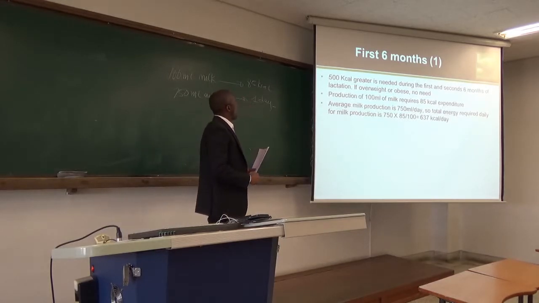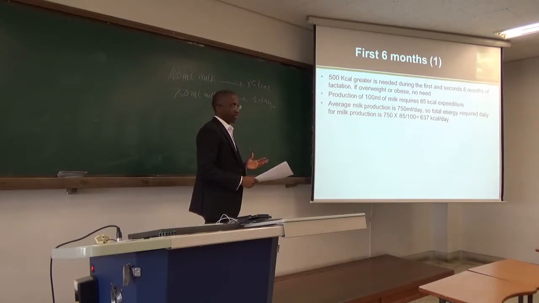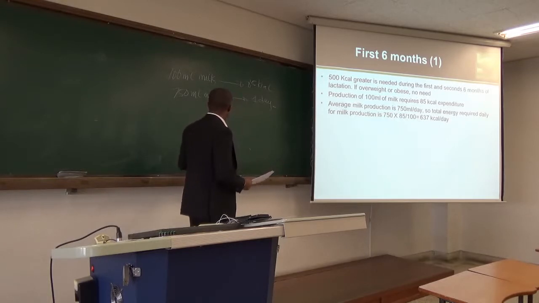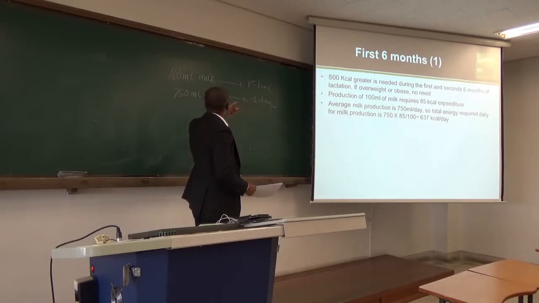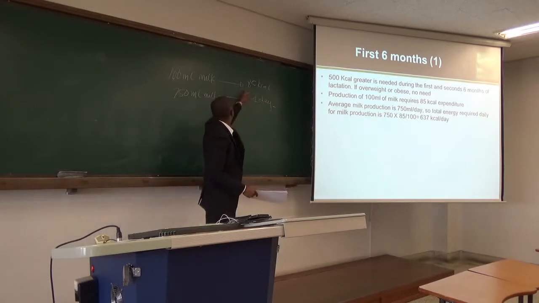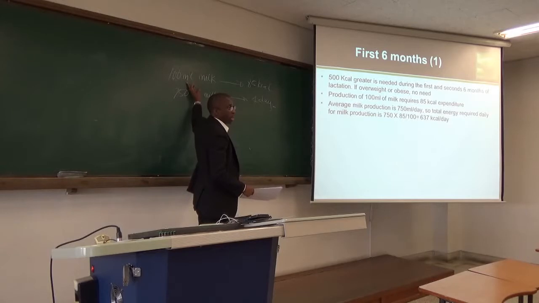Alright. So how much energy am I going to need then? We have here 750. So we do 750 milliliter of milk, right? What we just do is we multiply by 85 kilocalorie, we divide by 100 milliliter. Why?